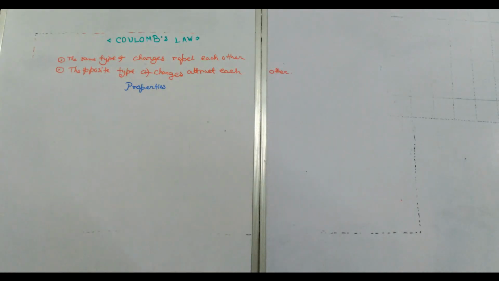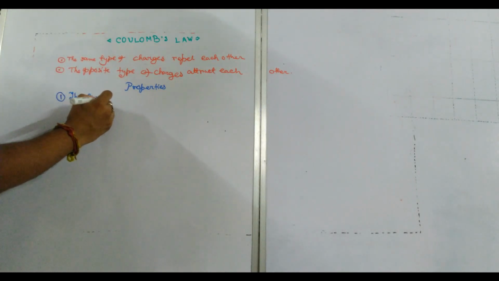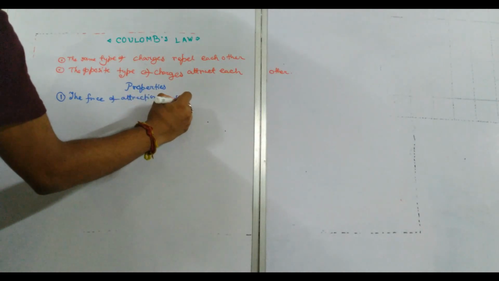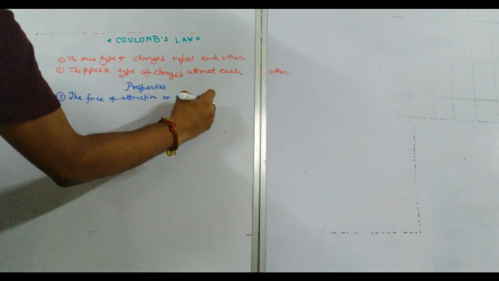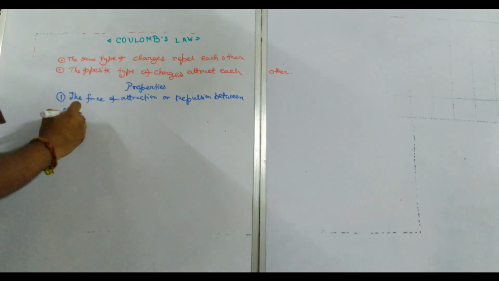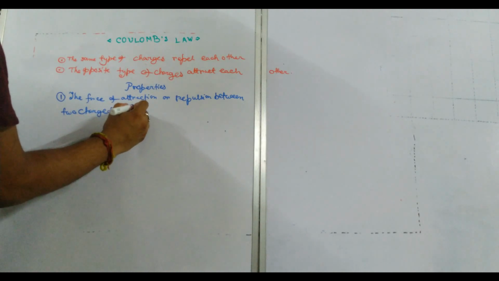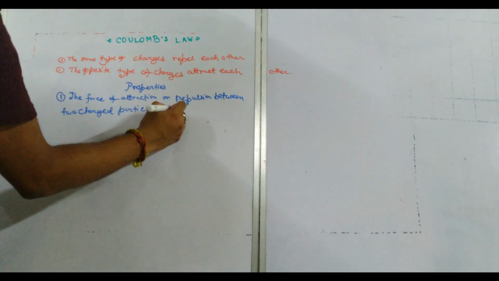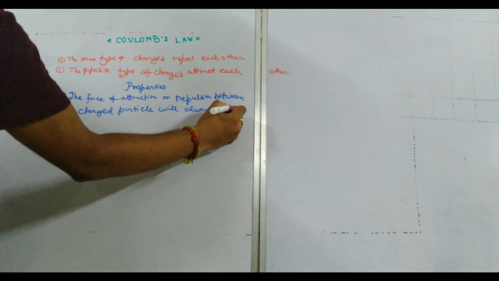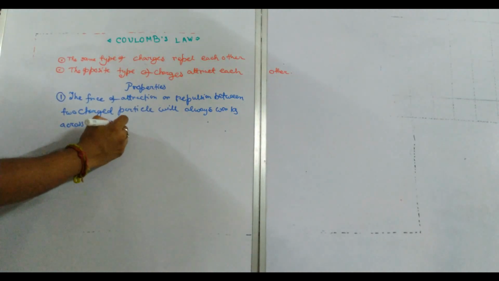So property number one: the force of attraction or repulsion between two charged particles will always work across the line of joining.